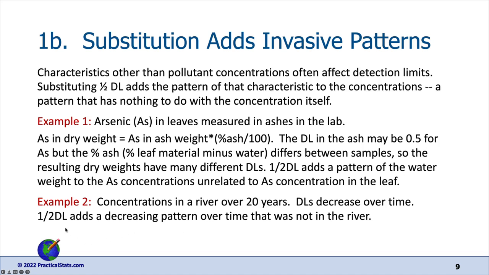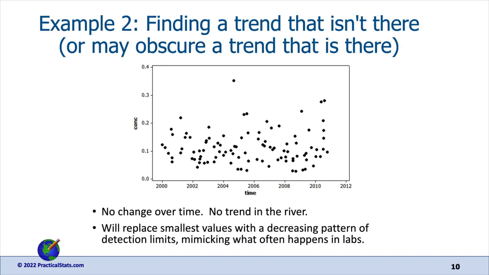If I put in 1/2 the detection limit, that just adds in a pattern that's a decreasing set of numbers, higher in the early period because the detection limits were higher, lower in the later period. And that pattern, that decreasing trend pattern that you've just put into the concentrations, is not there in the river. And you very well could produce a decreasing trend in your results that's not there just because of substituting numbers.